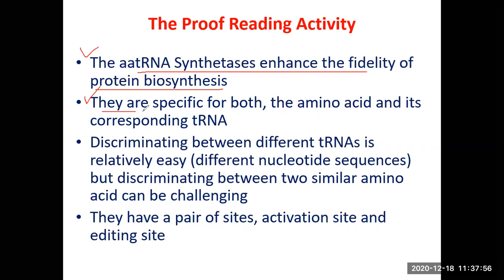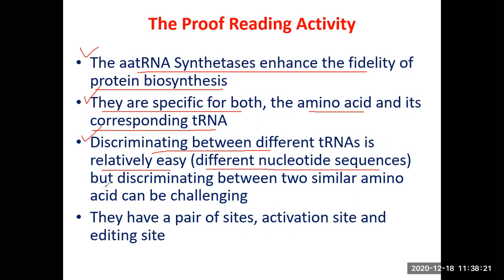In fact, they are specific for both the amino acid and its corresponding tRNA. Both are important: not only the amino acid, but it has to be a cognate tRNA as well. Discriminating between different tRNAs is relatively easy, because tRNAs can be differentiated based on the anticodon, as they have different nucleotide sequences.